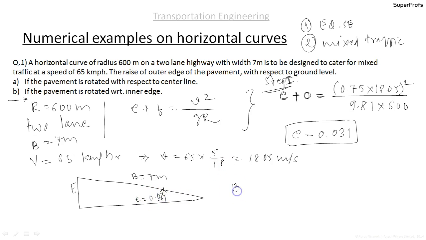So capital E equals B into e equals 7 into 0.031, equal to 0.22 meters.